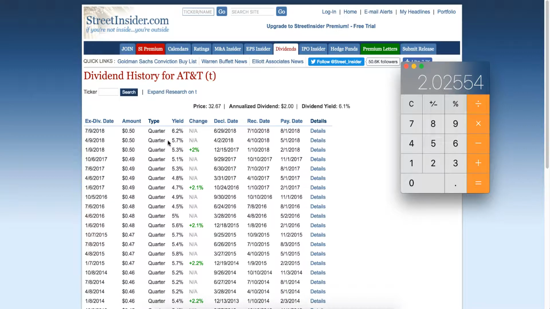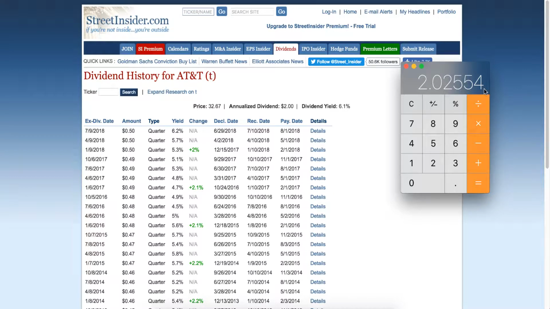So this yield signifies how much you're going to be getting back per year. So you know that at the current price of 32.67 and the yield of 6.2, you're going to be getting back 2.02554.